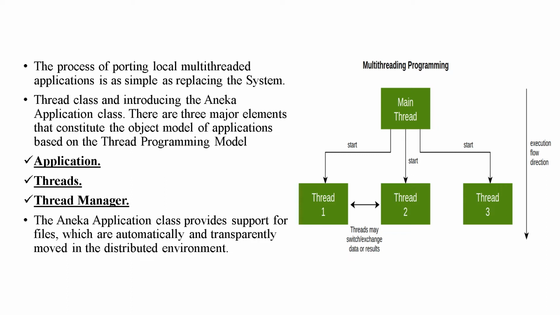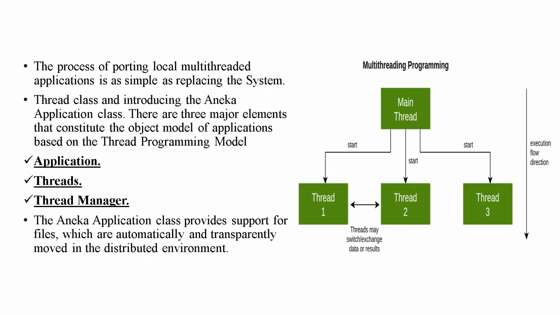Threads represent the main abstraction of the model and constitute the building block of the distributed application. The thread manager is an internal component that is used to keep track of the execution of distributed threads, and it also provides feedback to the application.